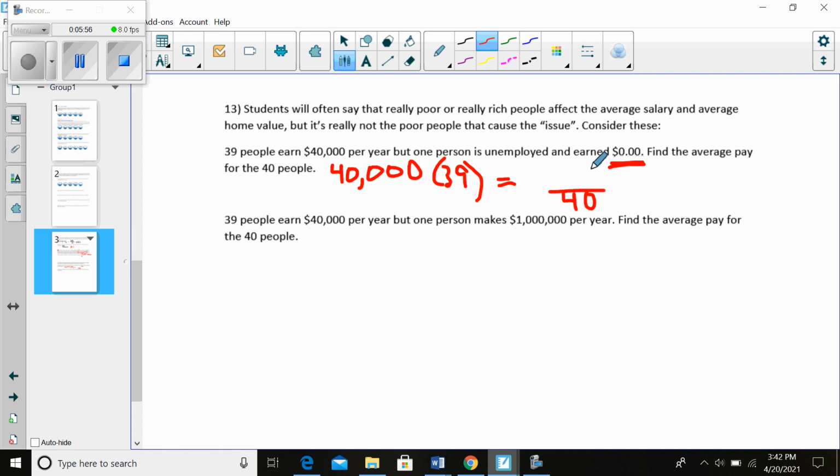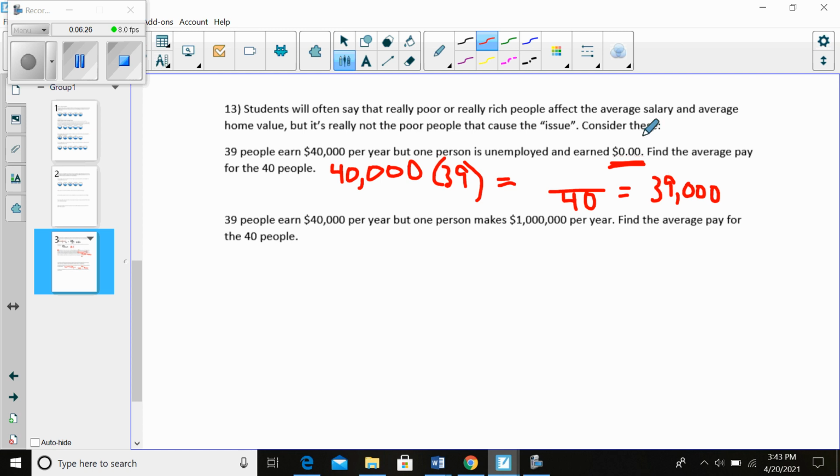Not 39 people, because one person earned zero. So 40,000 times 39, and then divide that by 40 is 39,000. Right? So that's pretty crazy that an unemployed person only pulled that average down $1,000.